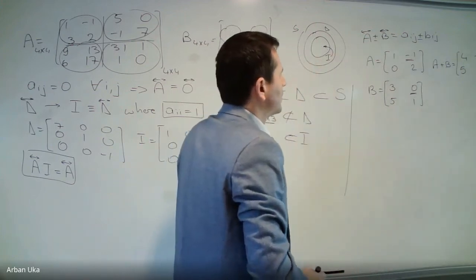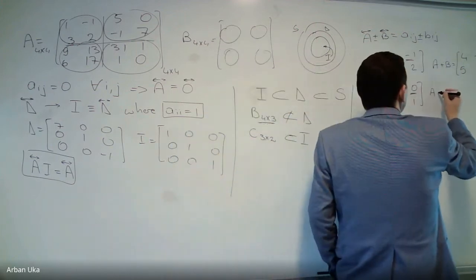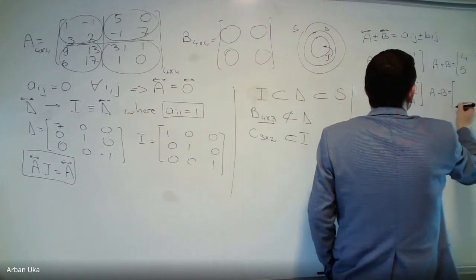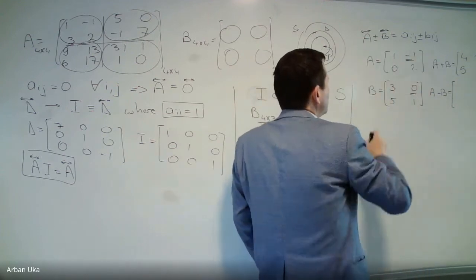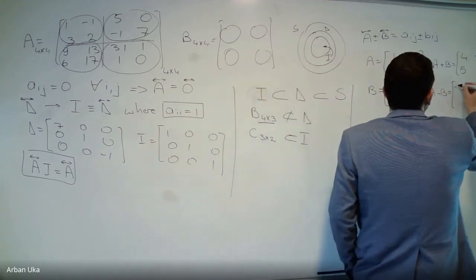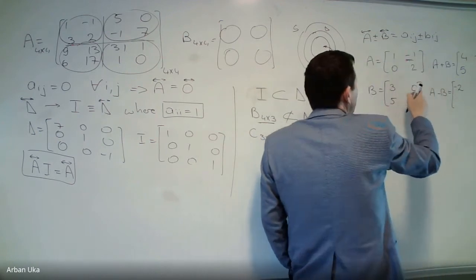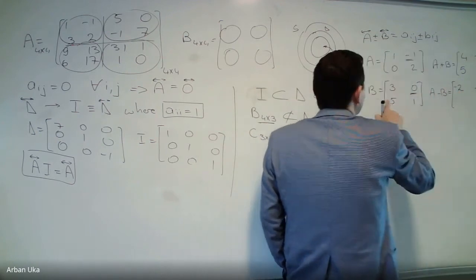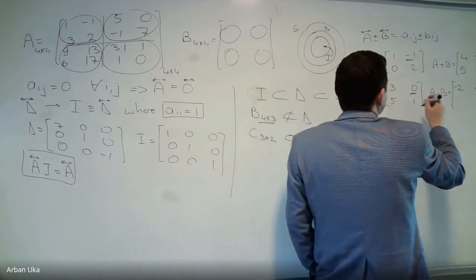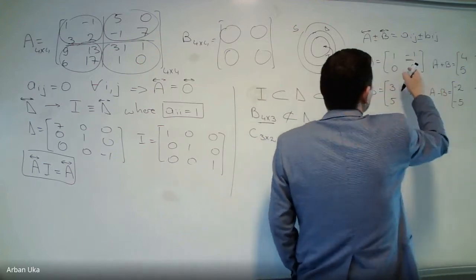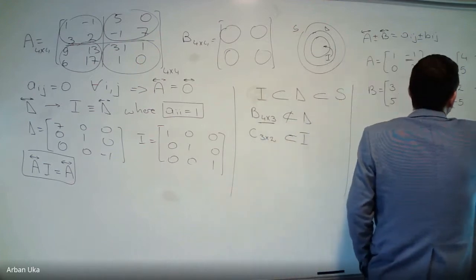If we want to calculate A minus B, then A minus B would be equal to 1 minus 3, minus 2, minus 1 minus 0 is minus 1, 0 minus 5 is minus 5, 2 minus 1 is equal to 1.